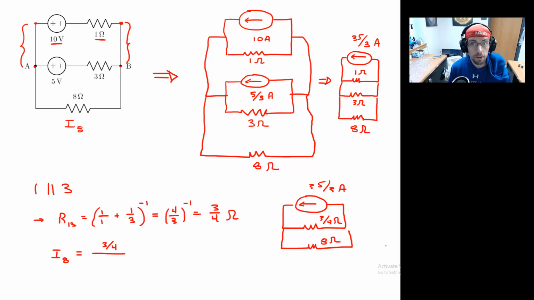So 3/4 plus 8, which is 32/4, so 3/4 plus 32/4 gives me 35/4. That's the ratio of the current that flows through resistor 8. And then, of course, I need to multiply by the total current. So I have 35/3.